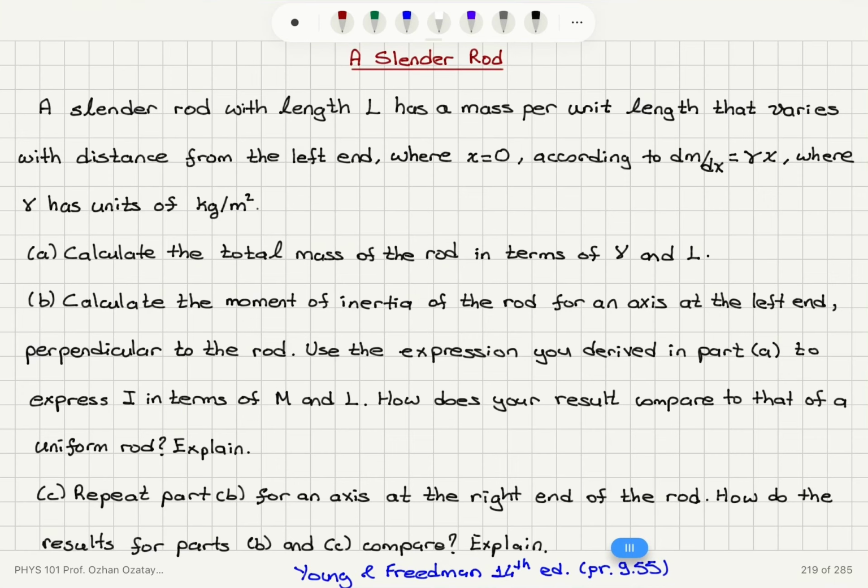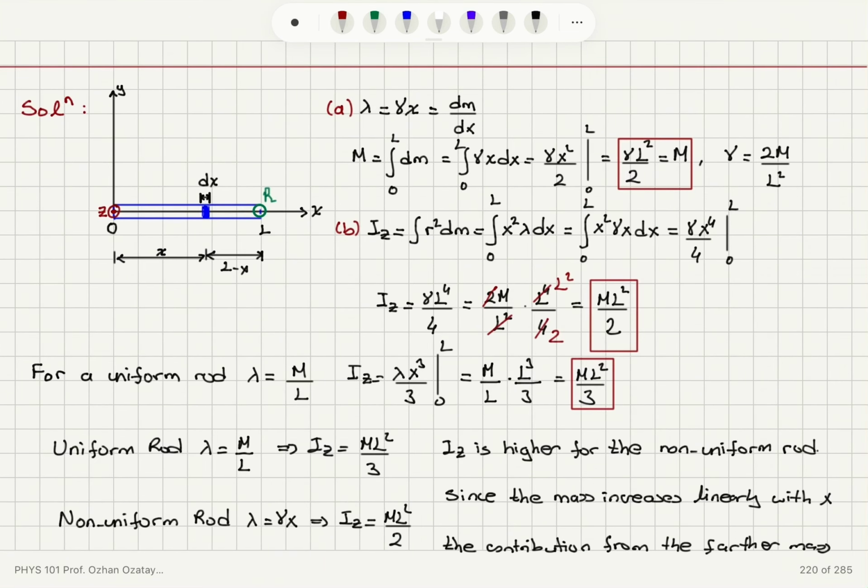All right, so we have considered the case of a non-uniform mass distribution in a rod where the mass increases linearly from left to right. In order to calculate the total mass, we integrate from 0 to L all the mass elements dm, and that gives us the value of gamma. In order to calculate the moment of inertia for the left end, we find the distance between mass elements at position x with respect to the left end, which is x, so integral x squared lambda dx, where for gamma we substitute 2m over L squared times x for lambda, so that gives us mL squared over 2.